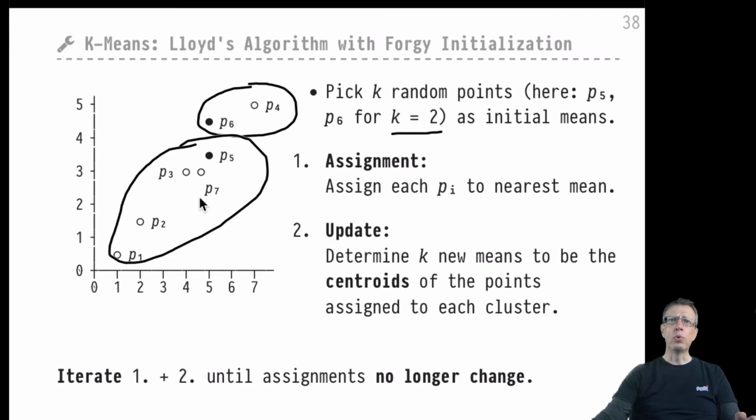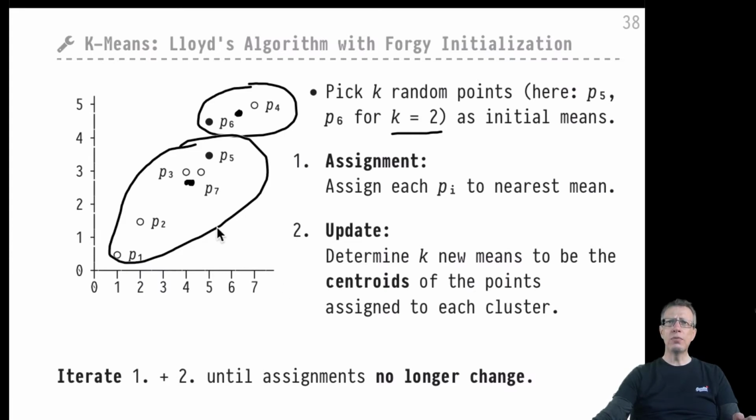This assignment would now be refined and iterated. We would look at the assignment that we've just found and compute new means, the average point, the mean point inside each of the 2 clusters that we have now defined. And that mean would probably lie here for this lower cluster and somewhere here for this upper cluster. This is the update phase.